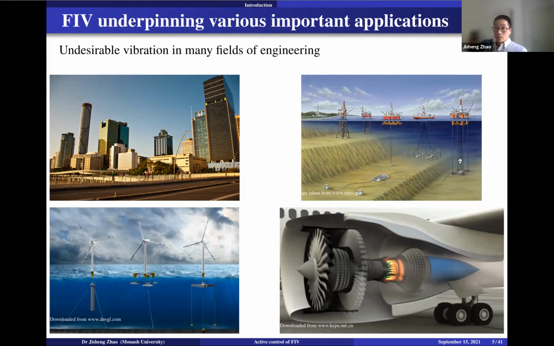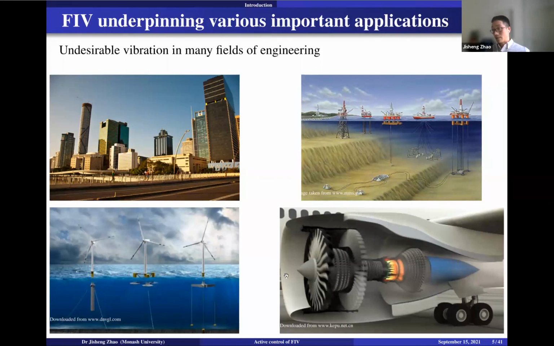And of course, there is current, so there will be vortex shedding to cause structural vibration as well. More recently, people are building offshore wind turbine farms, so here we can have different problems of flow-induced vibration. For example, you have current, and you can also have airflow as well.